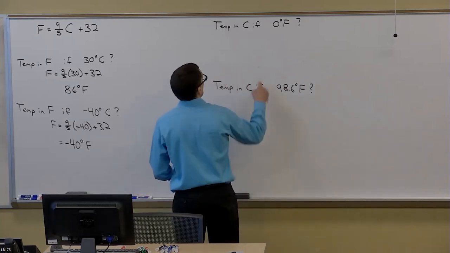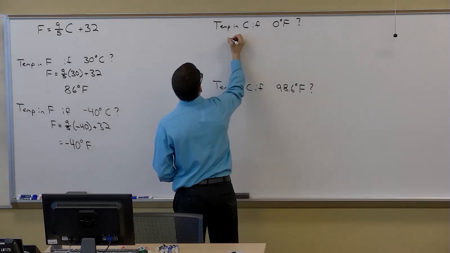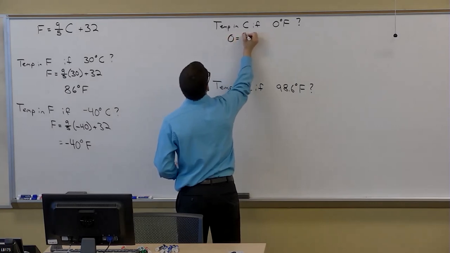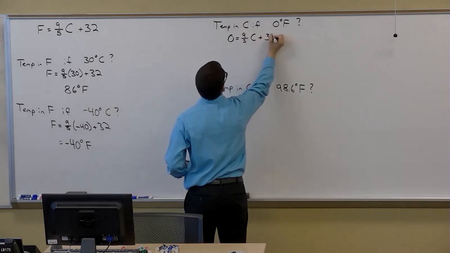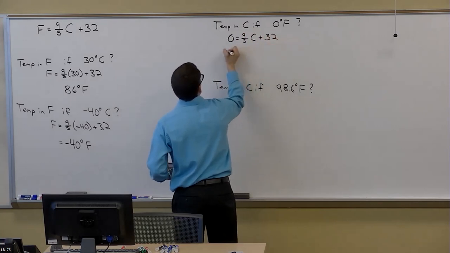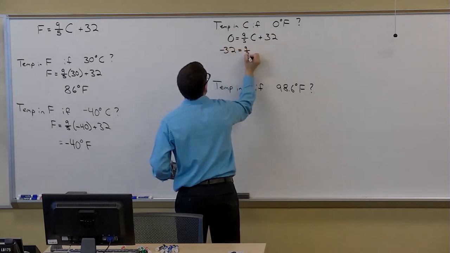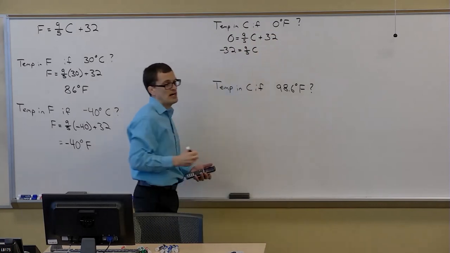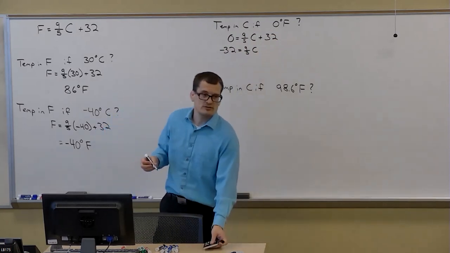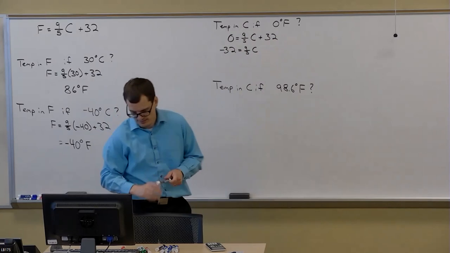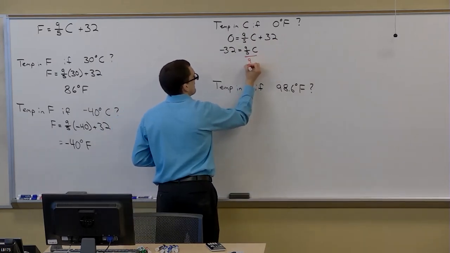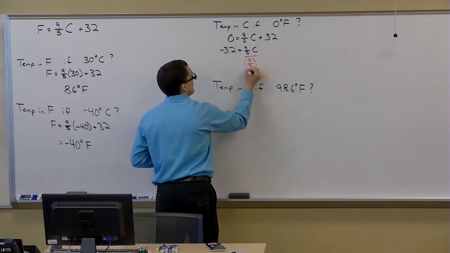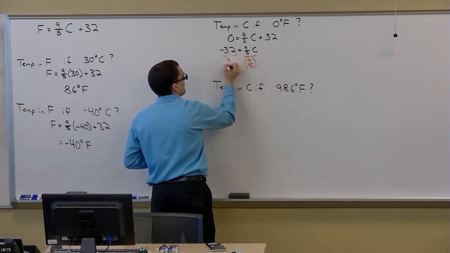And then we can do the reverse too. We can plug in 0 for our F and then solve for C. We'd subtract 32 from both sides and then divide by 9/5. When you're dividing by 9/5, make sure you put that in parentheses.